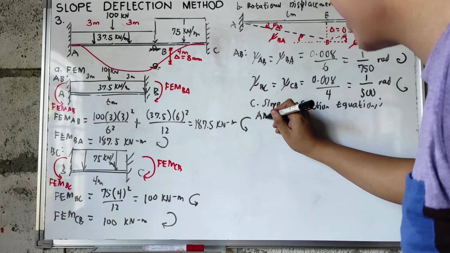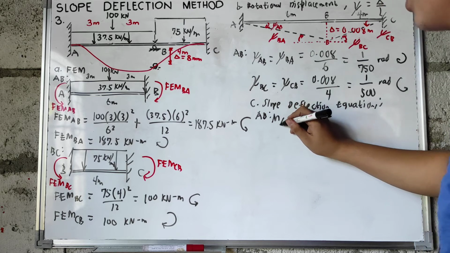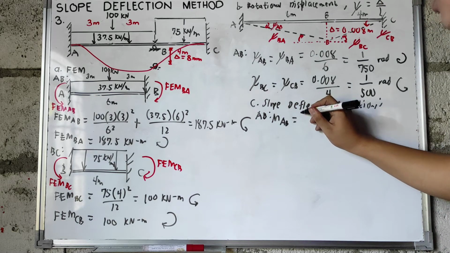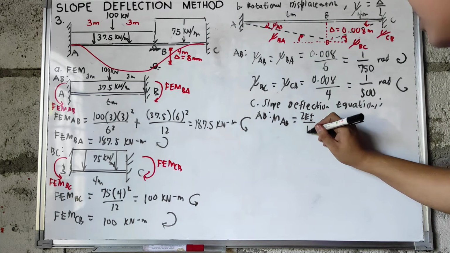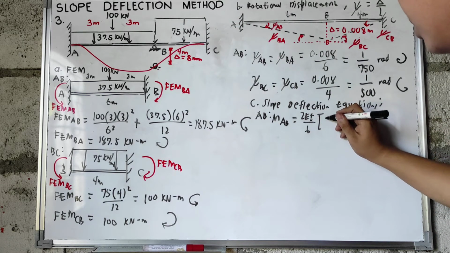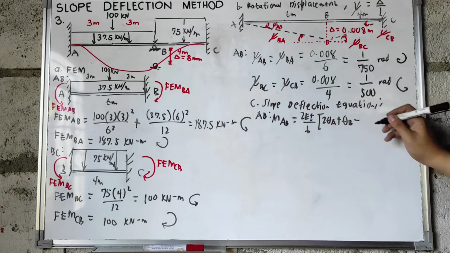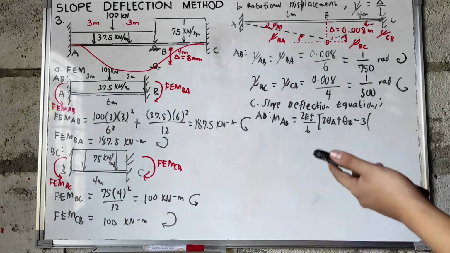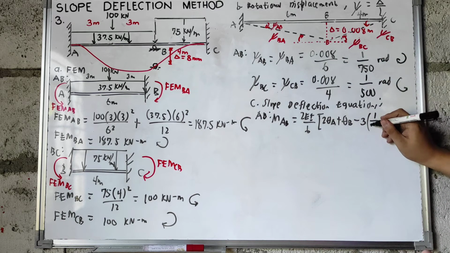So let's consider span AB. So we have yung MAB natin. So that is equal to 2EI over yung L natin na 6, times 2 theta A plus theta B minus 3. Tapos multiplied natin yung psi natin, which is equal to 1 over 750.